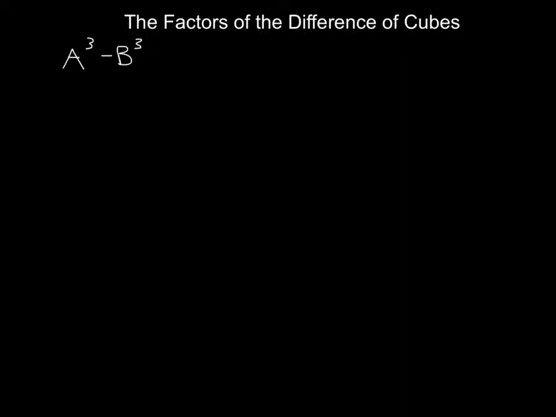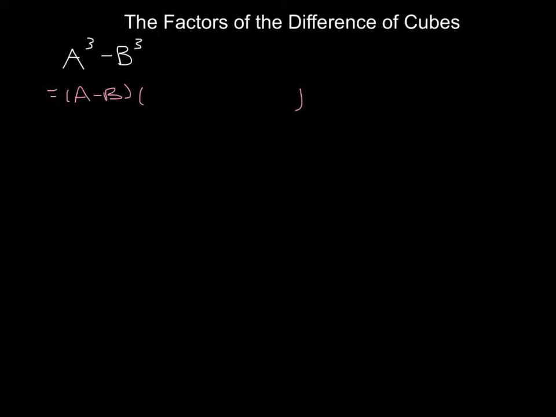If a and b are equal, then we have a cubed minus a cubed, which subtracts out and becomes 0. So that indicates to us that a minus b is a factor. So we should be able to get this to be something like a minus b times something else.